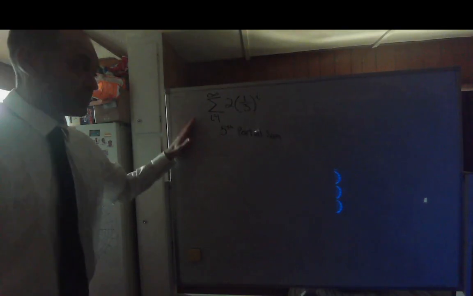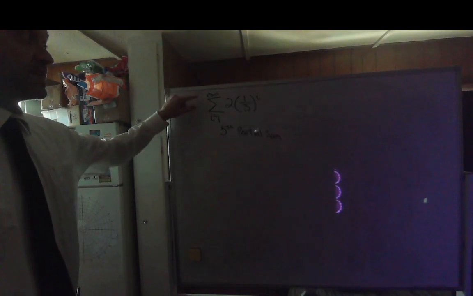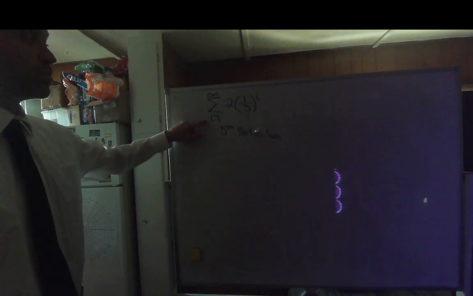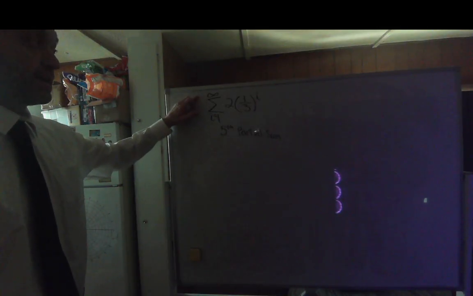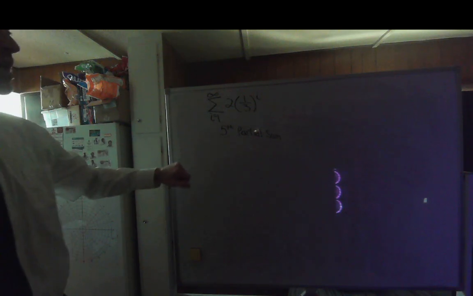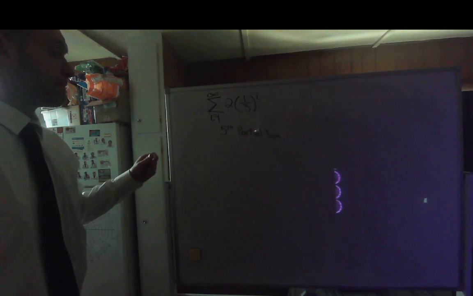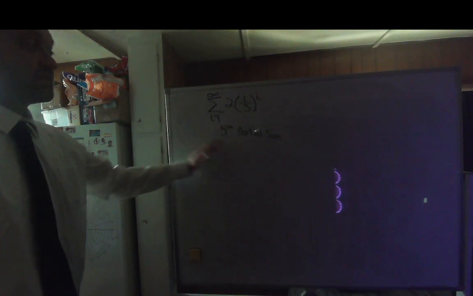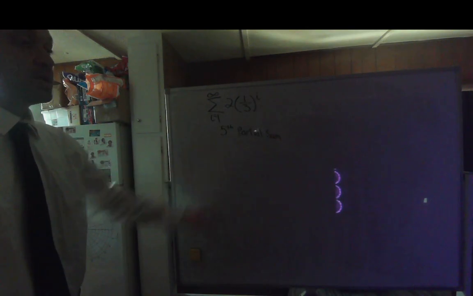So initially this starts as another infinite series from i equals 1 to infinity of 2 times 1/3 to the i power. They want us just to find the fifth partial sum.